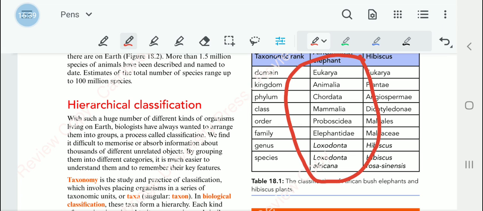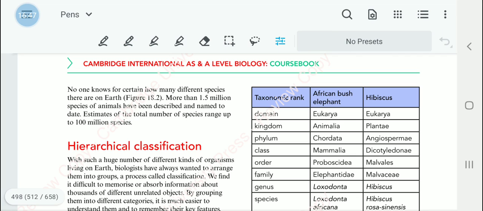Now you can see we are similar to plants only at the first instance, at the domain, because it is Eukarya. We both belong to eukaryotic organisms. So we are both Eukarya, but at the kingdom level, the plants deviate from us to belong to kingdom Plantae. We are in kingdom Animalia.